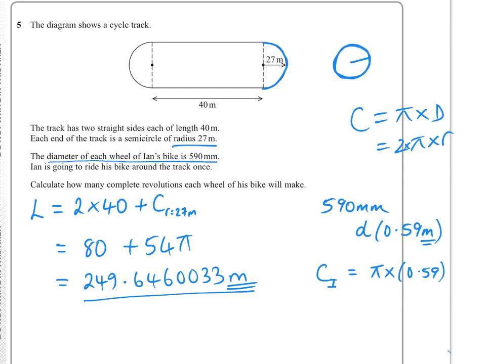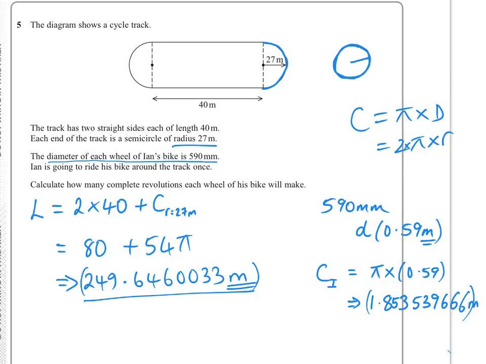So we get as a decimal 1.853539666. I shouldn't really write equals here. I'll just put these in a bracket because it's an estimate, and that's in metres.